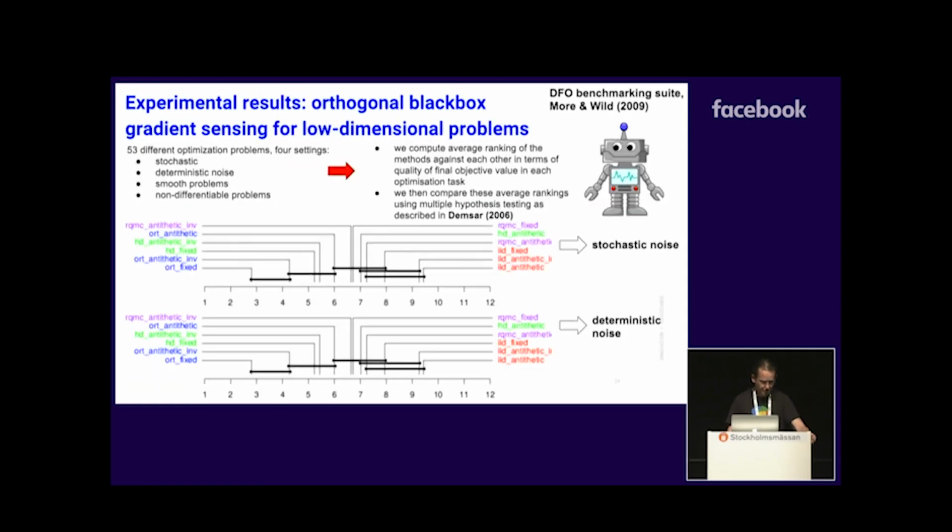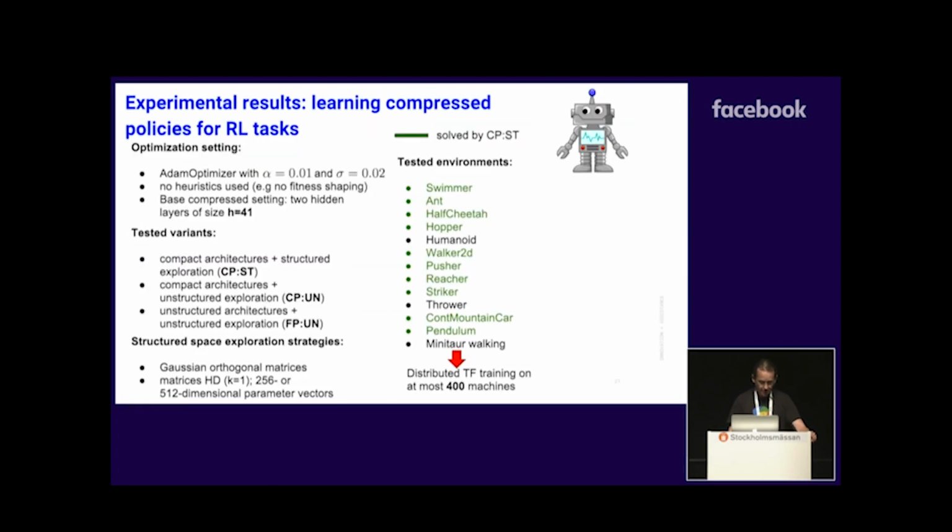So this is a bunch of experimental results, low-dimensional tasks, where we compare OpenAI, orthogonal methods with unstructured methods, and they consistently beat unstructured ones. And also the robotics tasks. So Adam optimizer with standard gradient sensing, and then our gradient sensing with structured matrices for gradient sensing and for policy encoding.